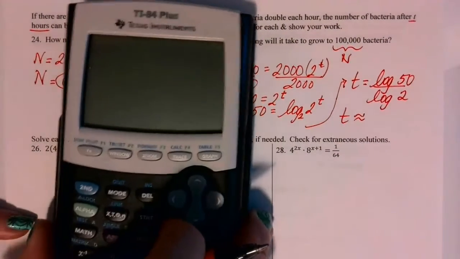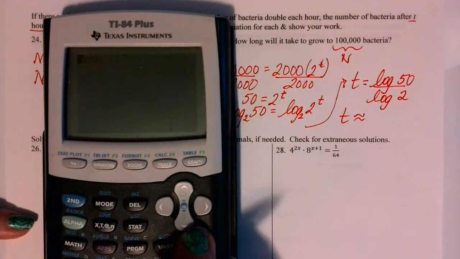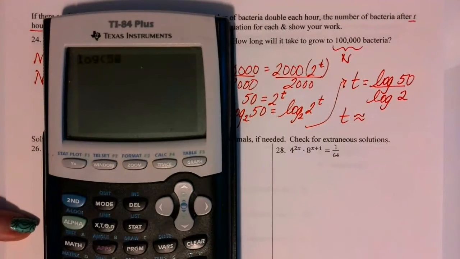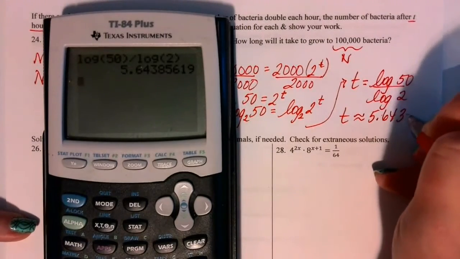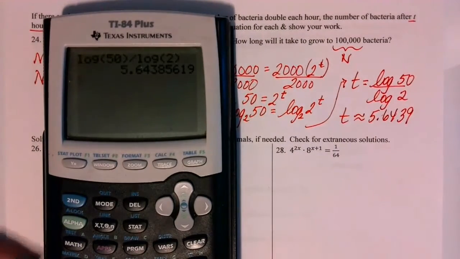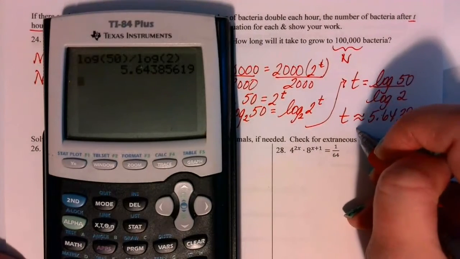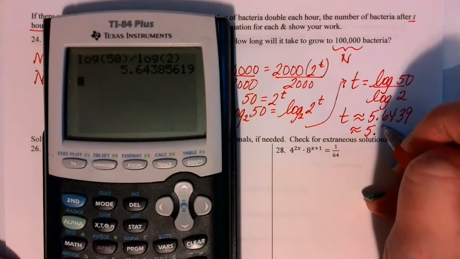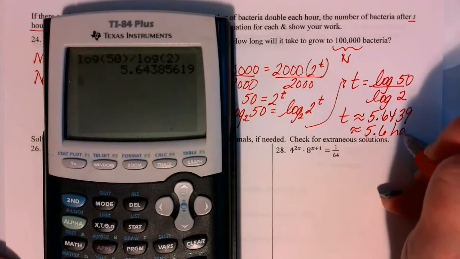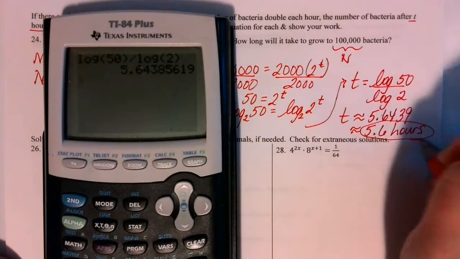So we'll put that into the calculator, and the common log of 50 divided by the common log of 2 is approximately 5.6439, which would be approximately 5.6 hours.